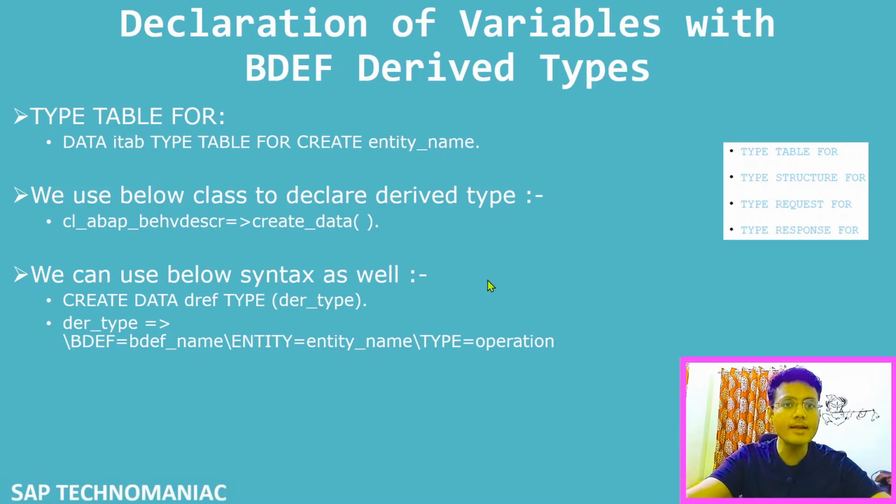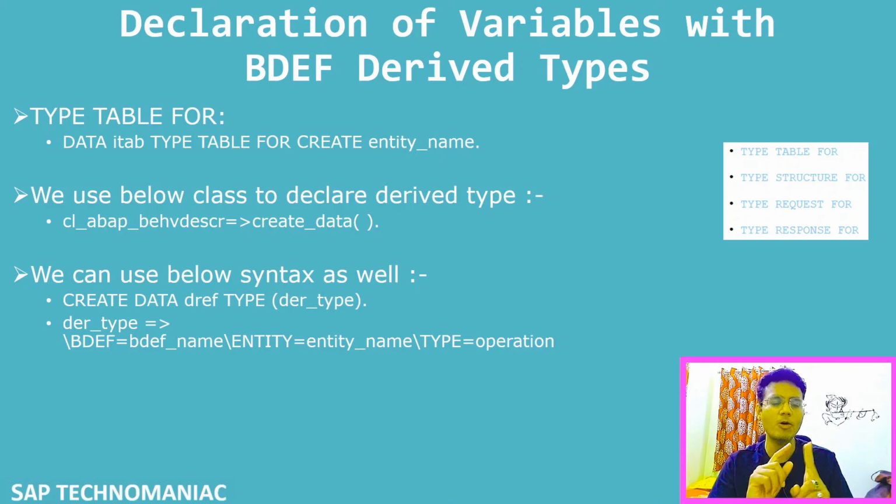Again, how do we declare this derived type? Normally, we create an internal table by typing the type of a database table. In the same way, we have to type table here. In this case, instead of giving the table name, we have to give the operation you want to perform, because the derived type is always linked to a particular operation and to the entity for which you want to create it.